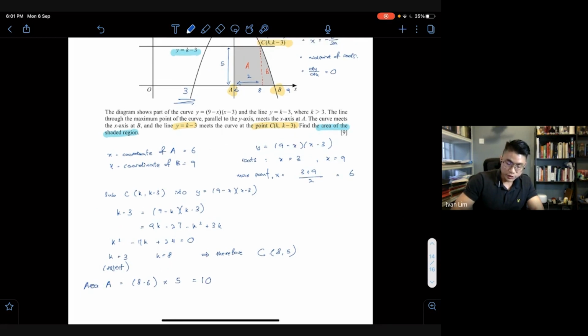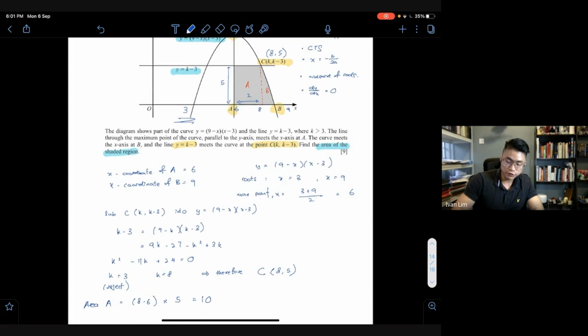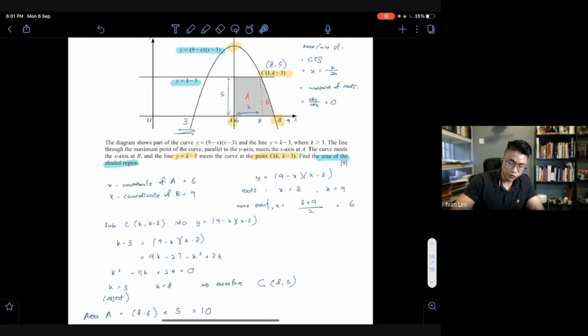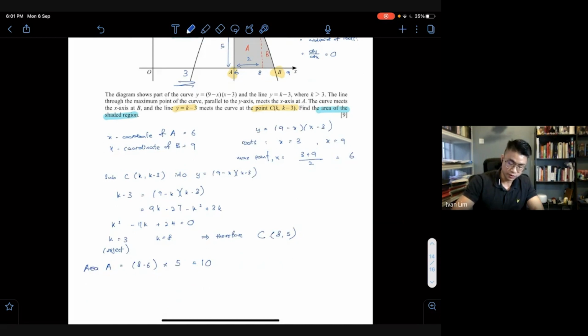Area B is the area under the curve from 8 to 9. Okay, area under the curve from 8 to 9 for this quadratic equation. So we need to integrate it.